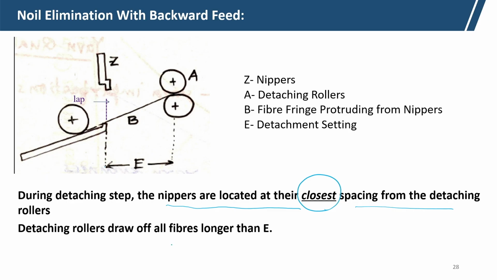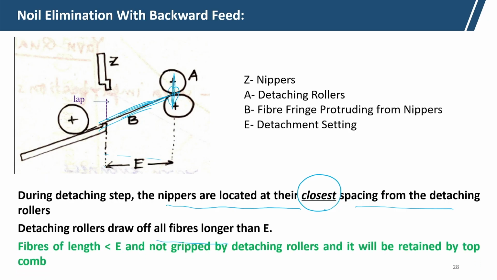The detaching roller draws off all fibers longer than E. This is the combed fringe here, so any fiber longer than the length E will be pulled off by the detaching roller, and fibers of length less than E are not gripped by the detaching roller.